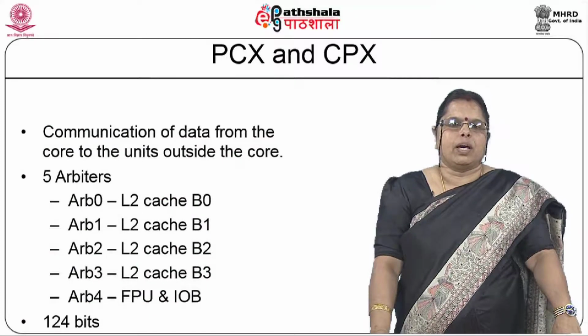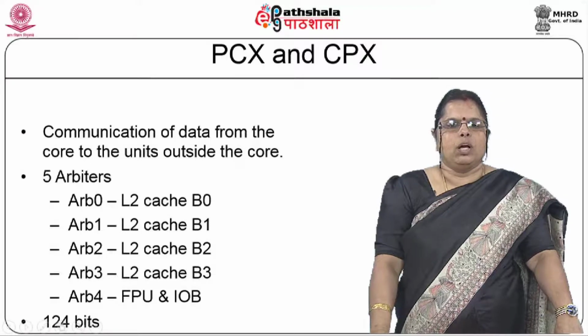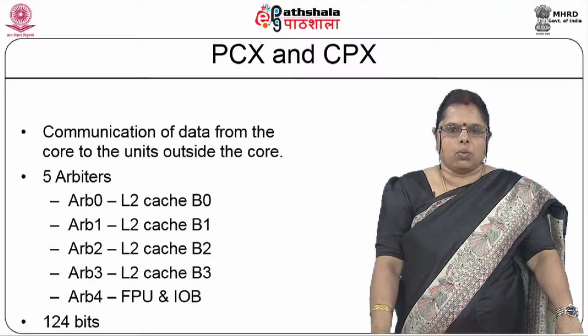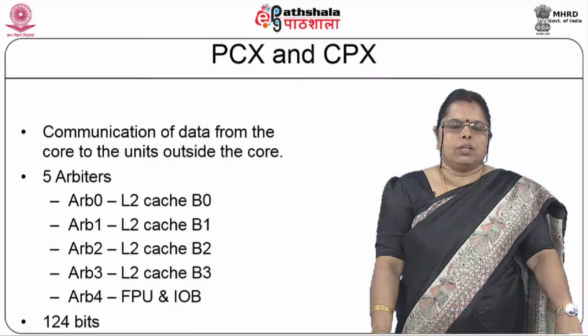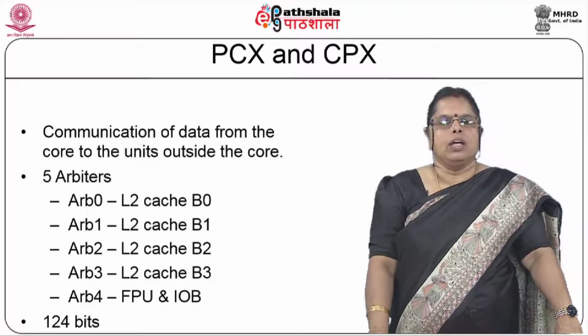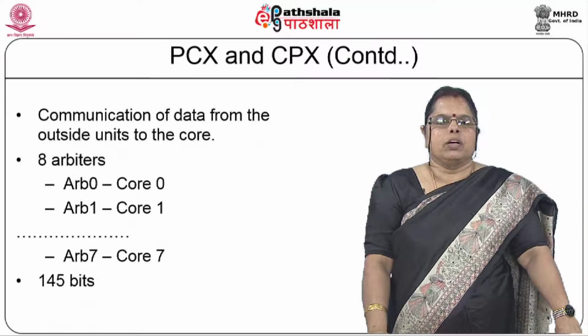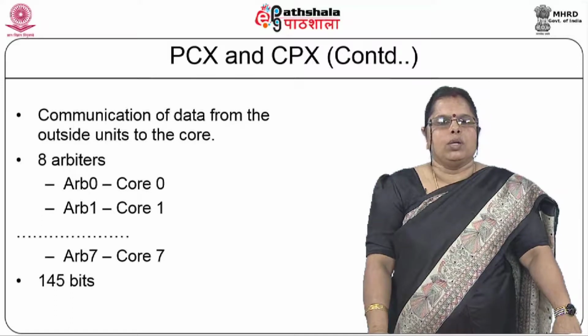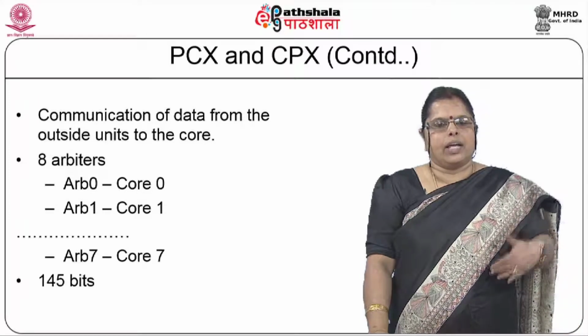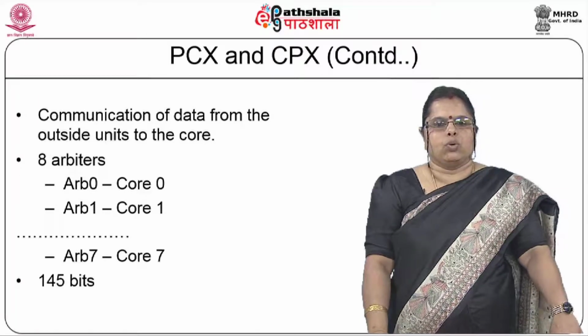So you have 5 arbiters here: arbiter 0 for L2 cache bank 0, arbiter 1 for L2 cache bank 1, arbiter 2 for bank 2, arbiter 3 for bank 3, and arbiter 4 for the floating point unit and the IO bus, and the transfer rate is 124 bits. Communicating data from the outside units to the core, you have 8 arbiters, arbiter 0 through 7, 8 arbiters because you have 8 cores, and it is 145 bits.